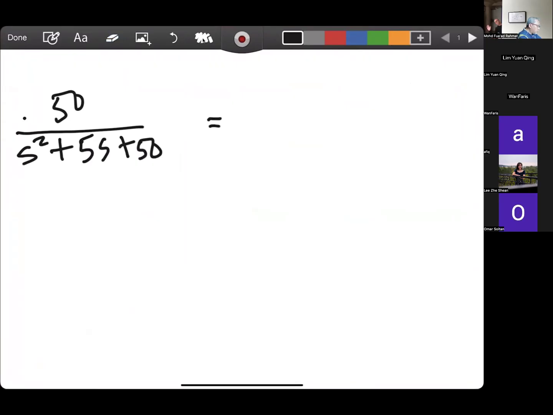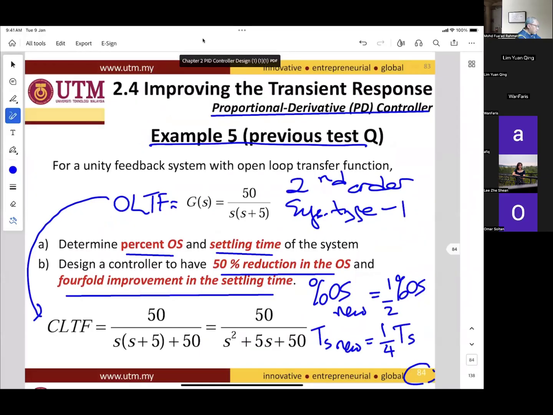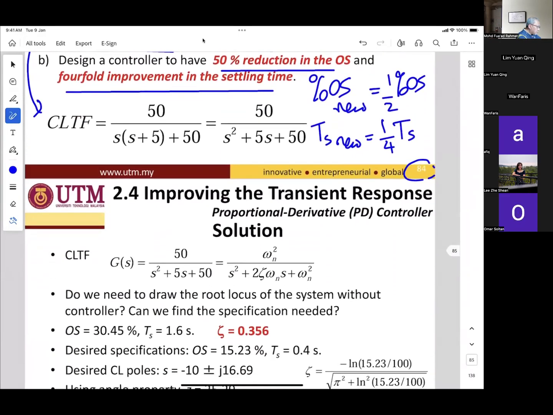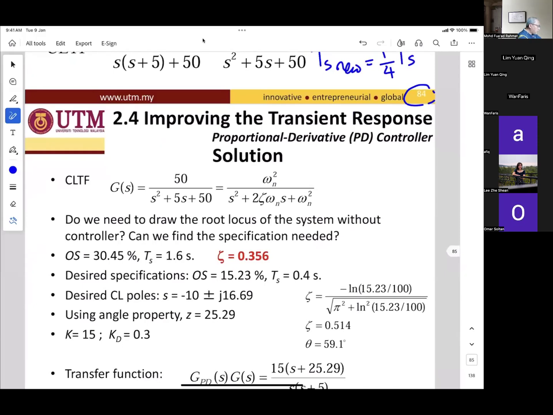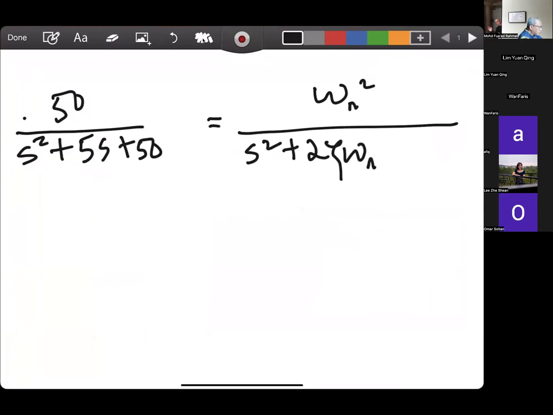So you are required to find the overshoot percentage and settling time. In order to find them, you have to compare with the standard second order equation, which is omega n squared over s squared plus 2 zeta omega n s plus omega n squared.